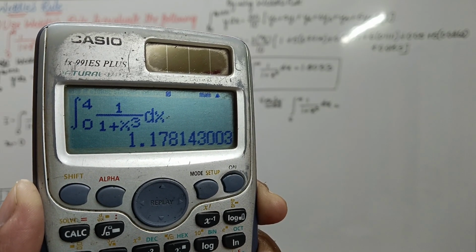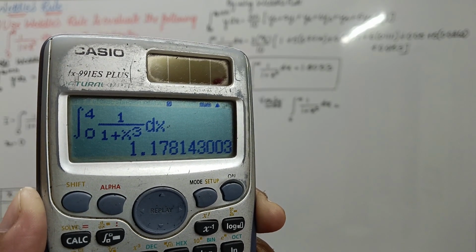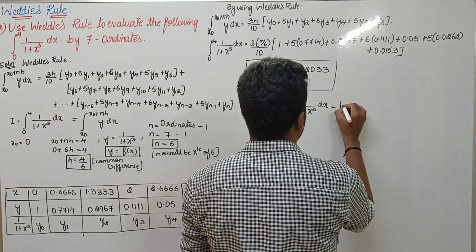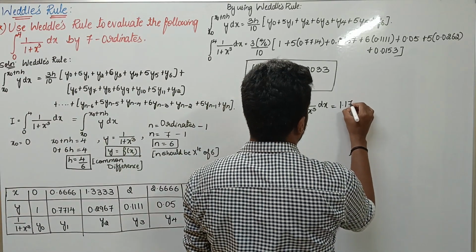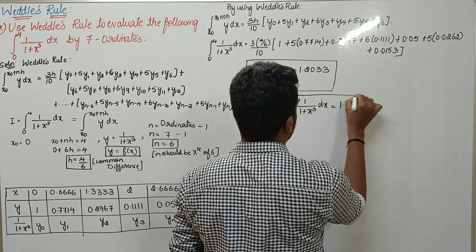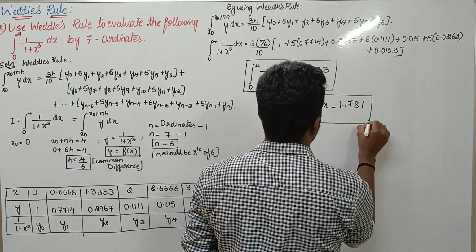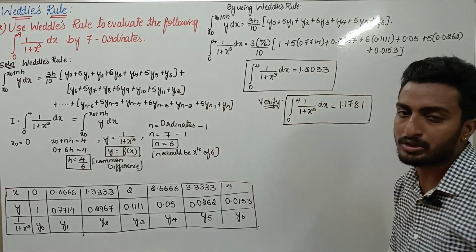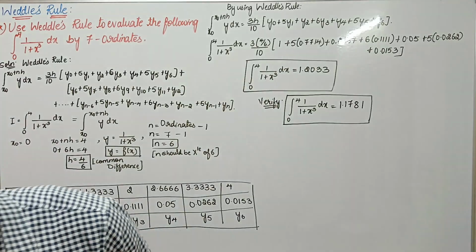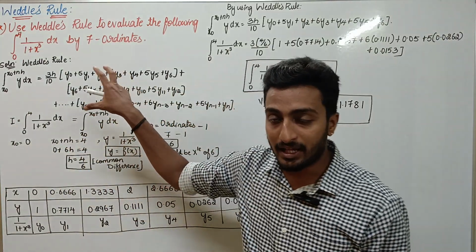We get 1.1781, which is nearest to the approximate value we got, 1.2033.